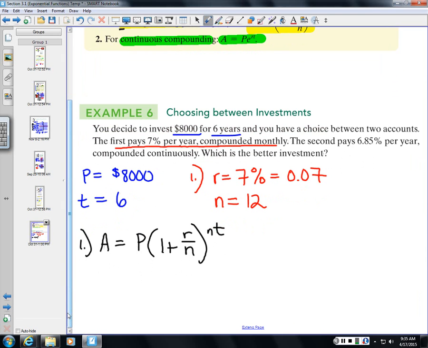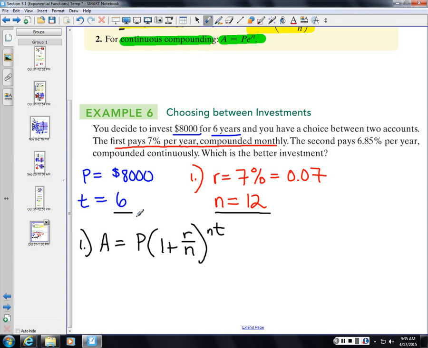Now, a lot of people say, well, if I've got 12 compoundings per year, and I'm going to do that for 6 years, then don't I have to multiply that 12 and 6 and say, well, that's my number of compoundings? We don't do that. If you do that, you'll come out with an incorrect answer.